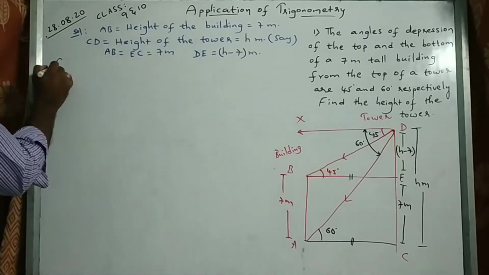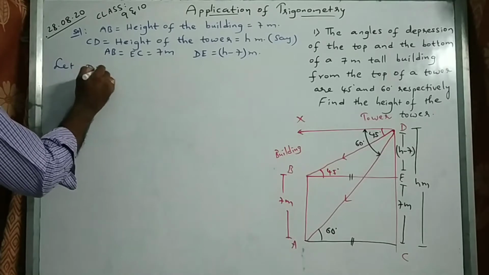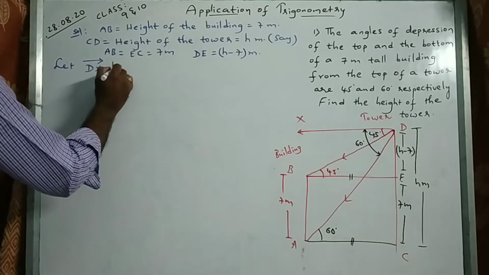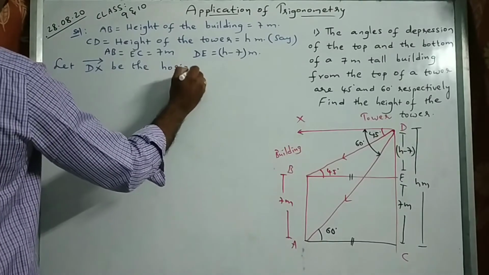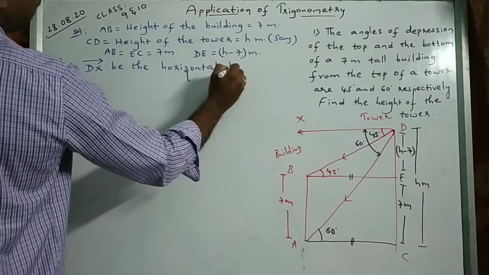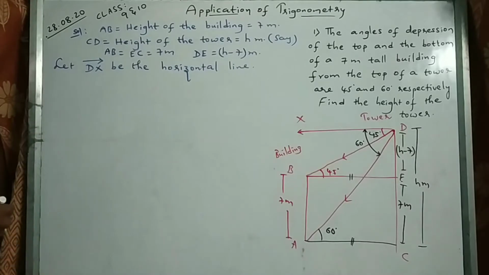Let DX ray, this is very important, let DX ray be the horizontal line. This line is very, very important. With respect to the horizontal line only, we will write the depressions. How?